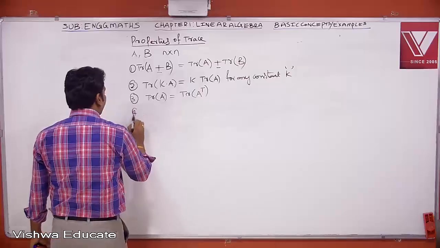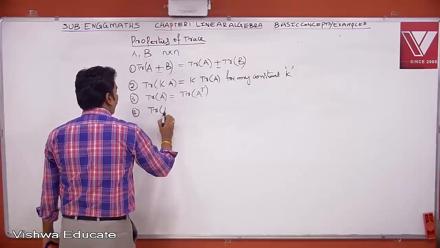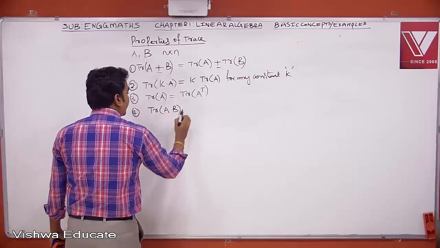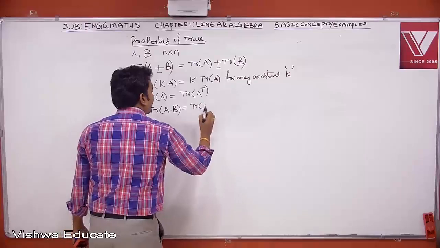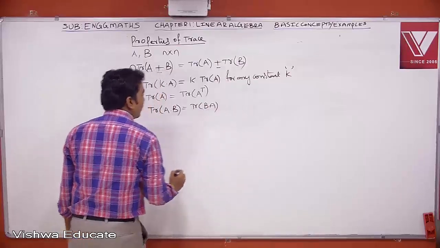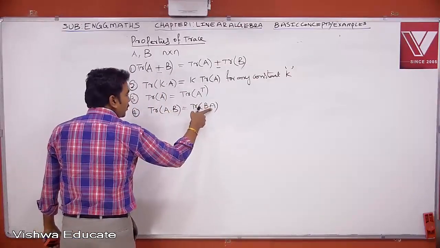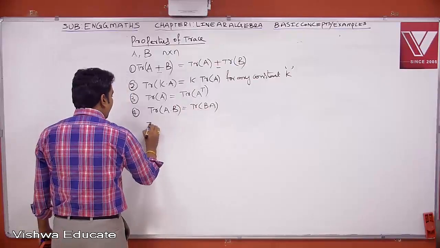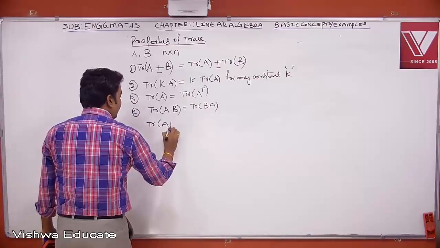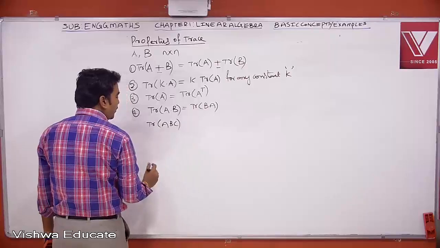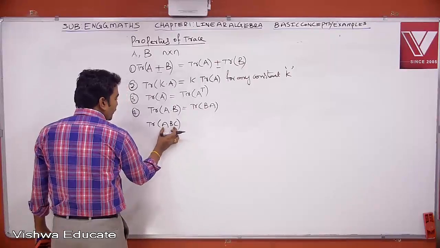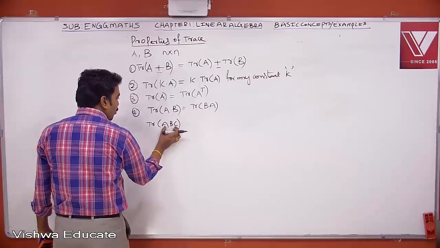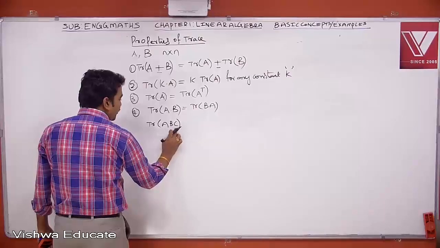And fourth property is the trace of the product of two matrices A dot B. So trace of AB is the same as trace of BA. Even though AB and BA are different, their traces will be the same. If I generalize this and extend to three matrices, trace of ABC, assume that all matrices are of the same size n cross n, then I can multiply ABC.